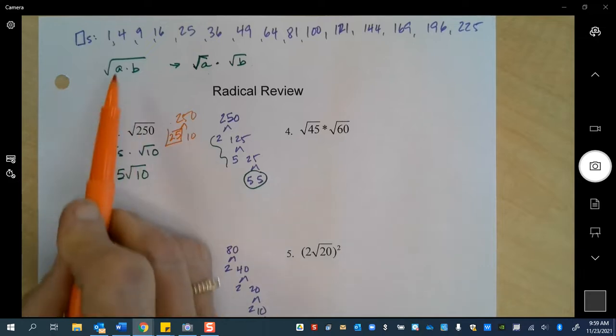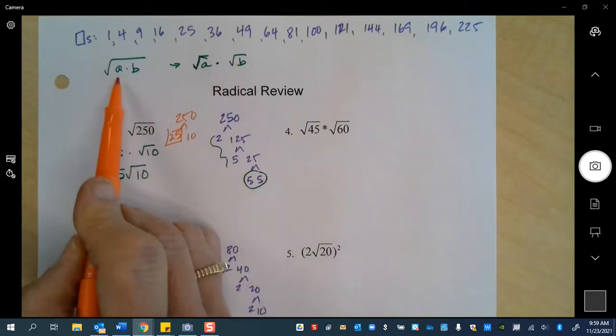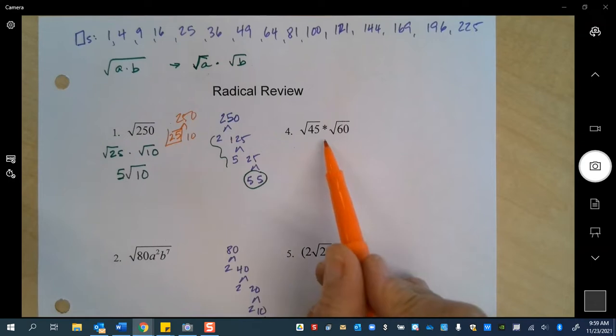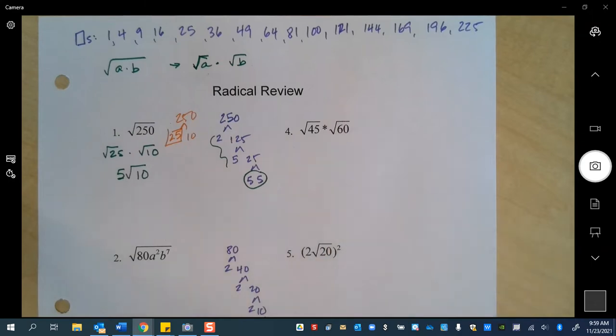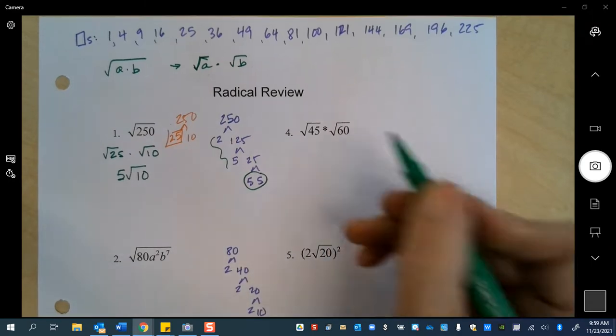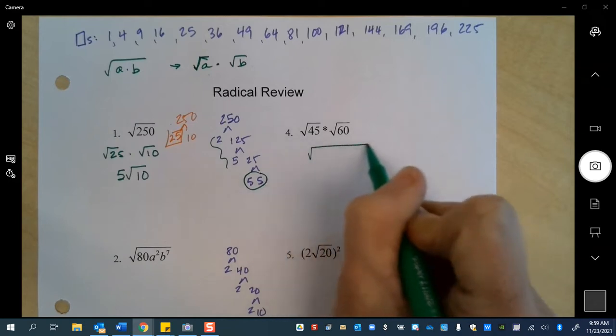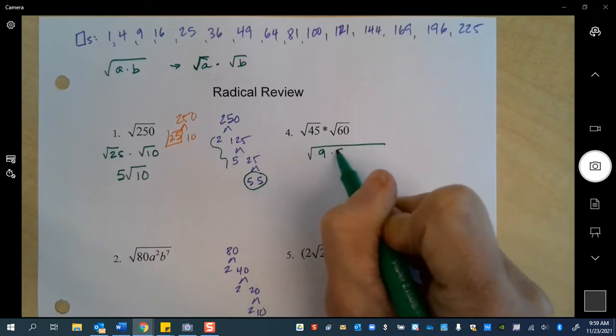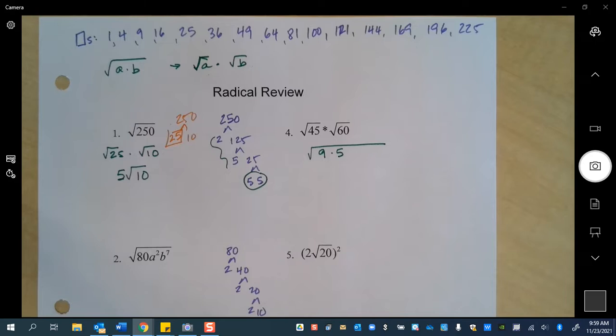Because this property says that I can combine or I can split, I can put these together. So what I'm going to do for this one is, instead of writing 45, I'm going to write 9 times 5. Do you know why? Johnny, what's special about 45?